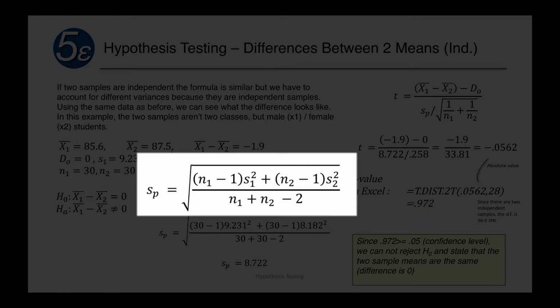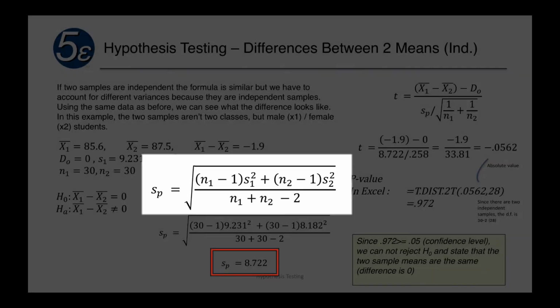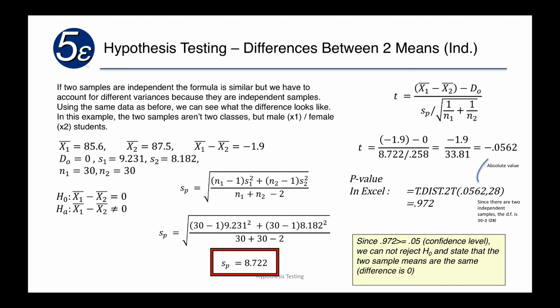Remember that the standard deviation is the square root of the variance. So we're going to add to that n2 minus 1 times the variance of sample 2, or the standard deviation of sample 2 squared. We take that quantity and put it over n1 plus n2 minus 2. And in this example, when we do that, we end up with 8.722.